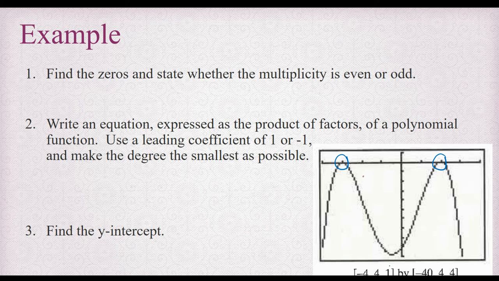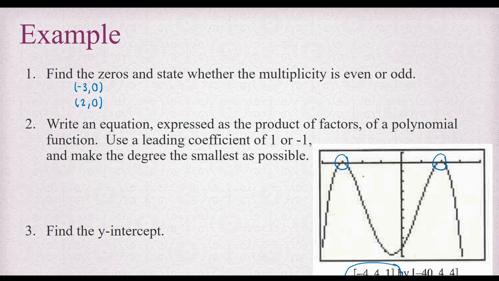The first set of brackets represents how the x's go, and that last number tells me the scale of the tick marks. It looks like everything's going up and down by 1. If I go from the origin to the left, I have 1, 2, 3, so -3, 0 is one of my x-intercepts. On the right side of the origin, it's 2, so 2, 0. Those are my zeros.